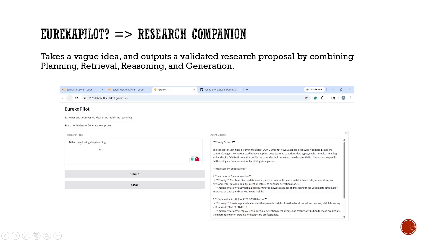And since, for example, this detect COVID using deep learning idea is not something which is unique, it also gives certain techniques or improvement strategies that could be used for a research proposal.